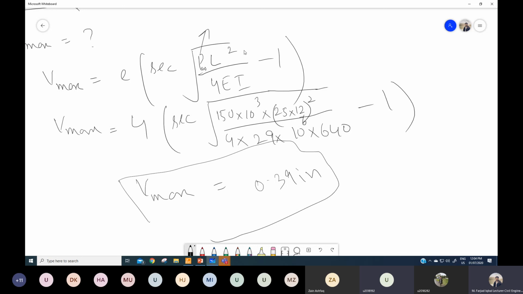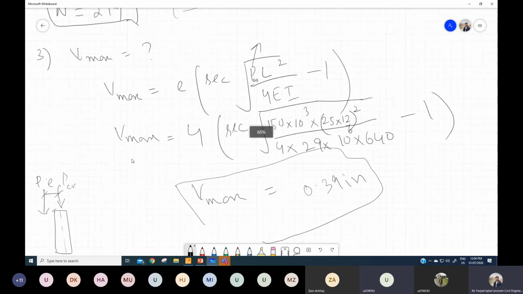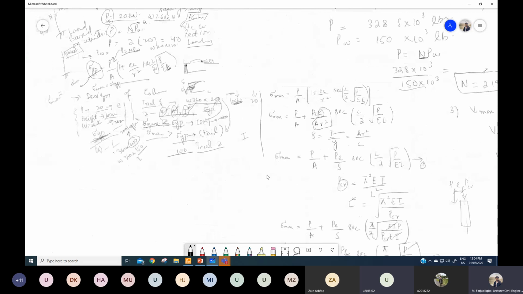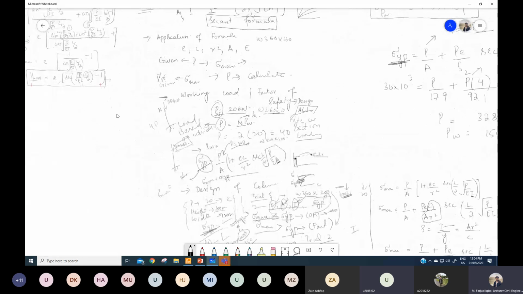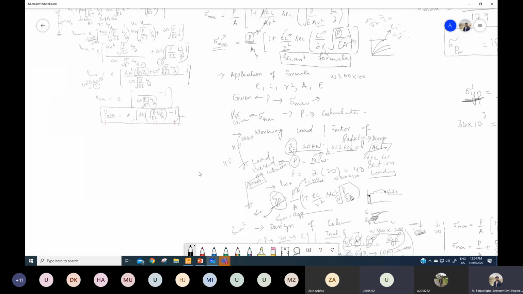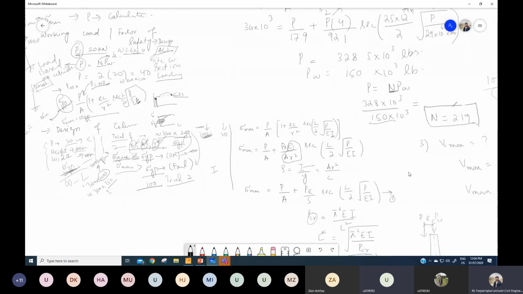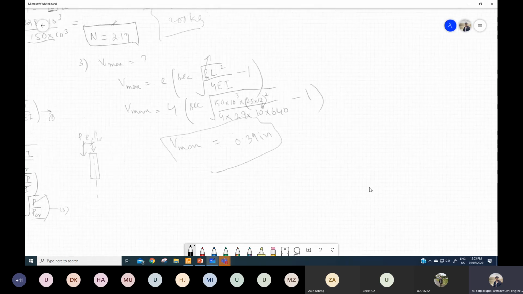Anyway, you can try. This angle is for this one with this factor only, and 4 is being multiplied with the whole equation.